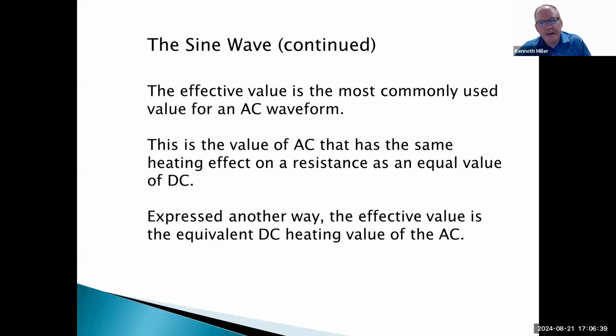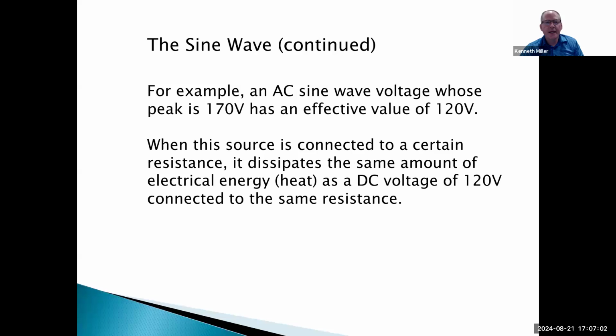Now, the effective value is the most commonly used value for an AC waveform. This is the value of AC that has the same heating effect on a resistance as the same DC value. Expressed another way, the effective value is the equivalent DC heating value of the AC. For example, an AC sine wave voltage whose peak is 170 volts has an effective value of 120 volts.